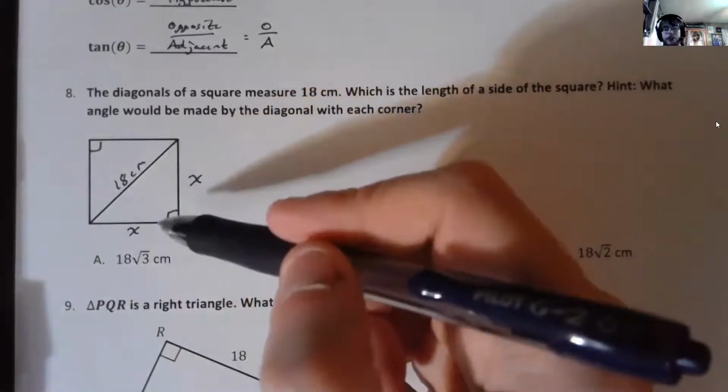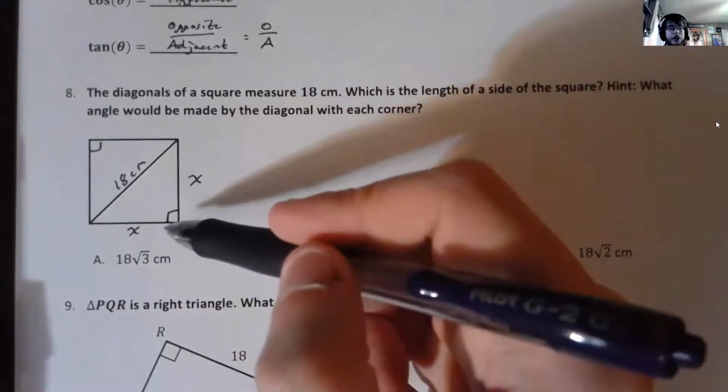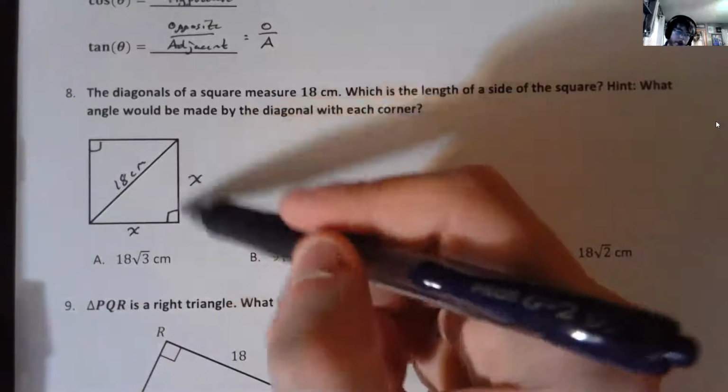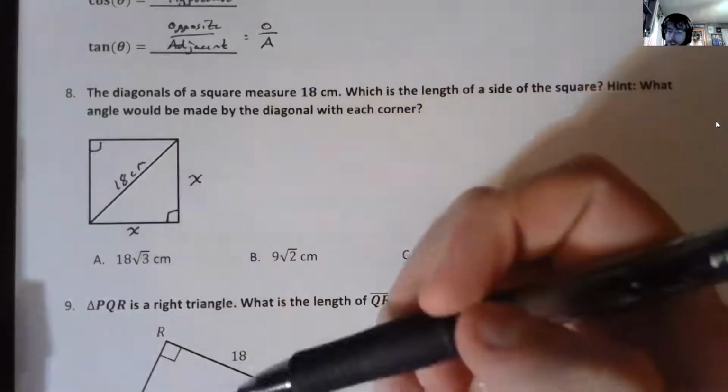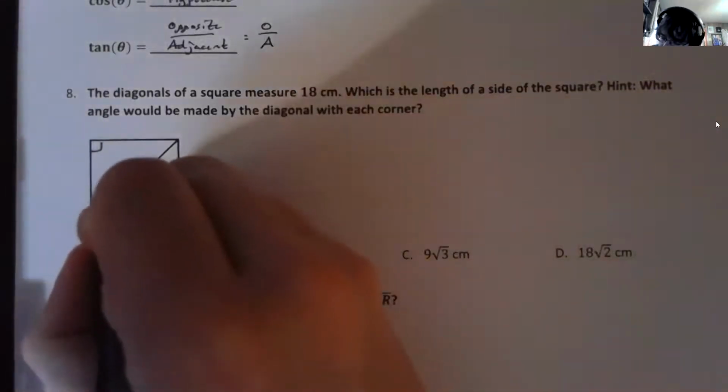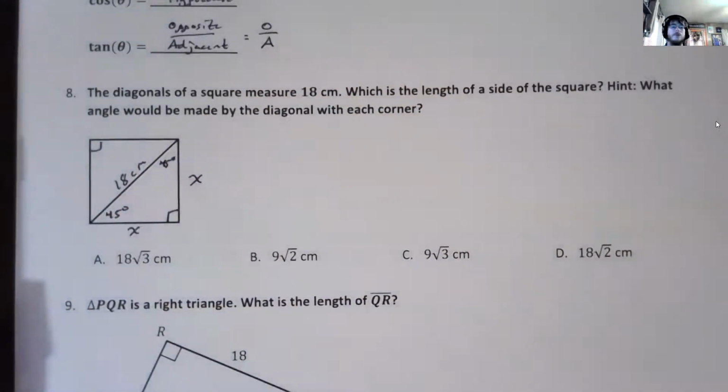Well, if you answered 45, 45, 90, you would be correct, right? Remember, 45, 45, 90 triangles have legs that are the same length. So we know this has to be 45 degrees and this has to be 45 degrees. The diagonal cuts that angle in half in a square, okay? So what you could do, if you wanted to, was use the properties of 45, 45, 90 triangles.